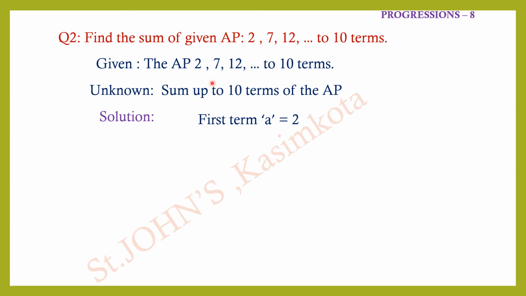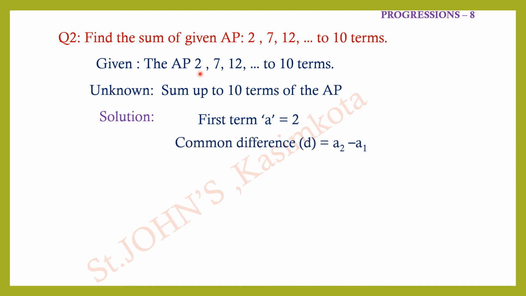First term a, here 2, 7, 12 and so on, means first term a or a1 equals 2, second term a2 equals 7, third term a3 equals 12. First of all you have to write first term a equals 2, and the common difference. The formula for common difference is d equals a2 minus a1.